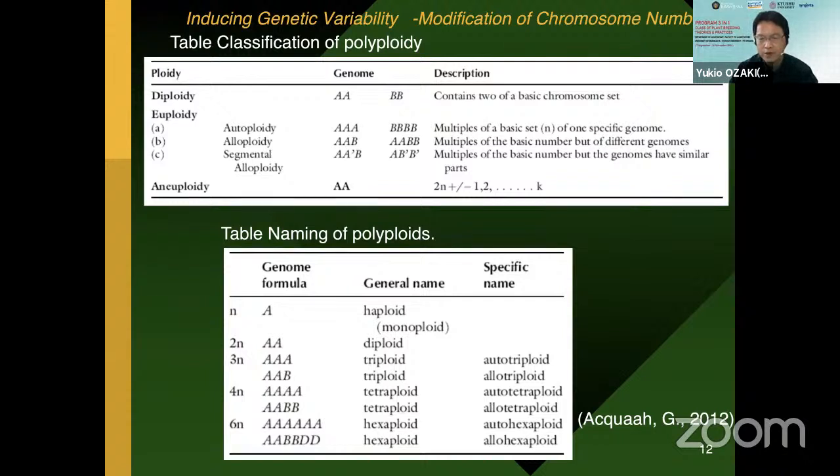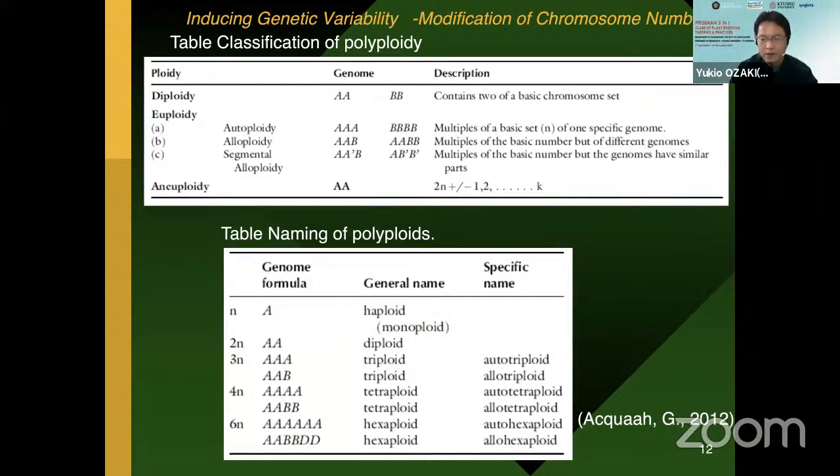It should be pointed out that autoploidy and alloploidy are extreme forms of polyploidy. Intermediates occur between them on a continuum of genomic relationships. Stebbins called the intermediates segmental alloploids.